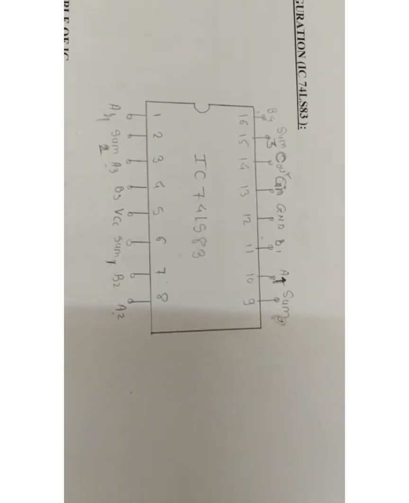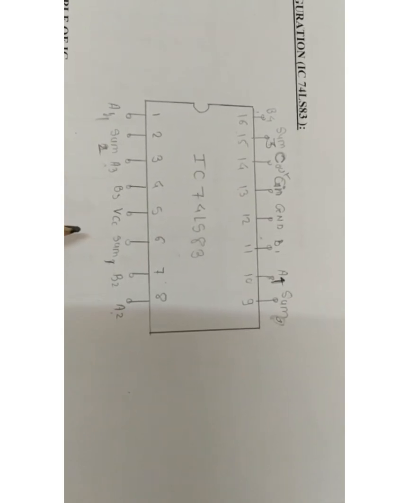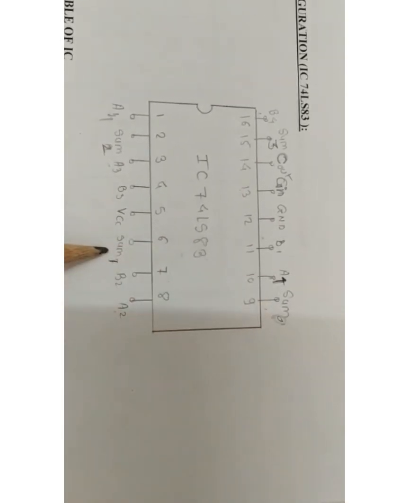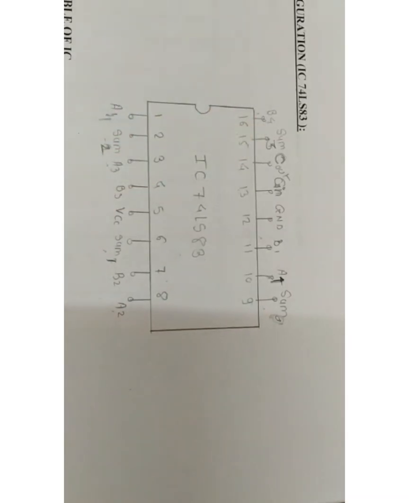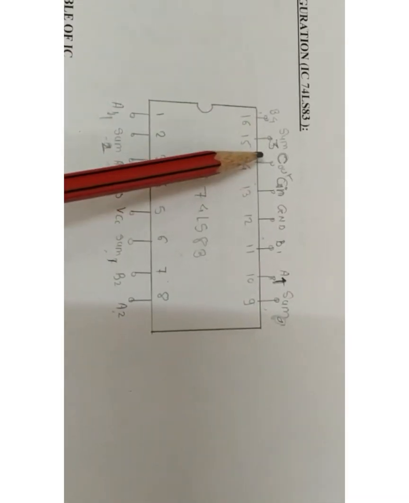Then we are getting the 4 sum outputs, that is sum 0, sum 1, sum 2 and sum 3. And there is a C in and C out pin also there. So we will see that in detail in the circuit diagram.